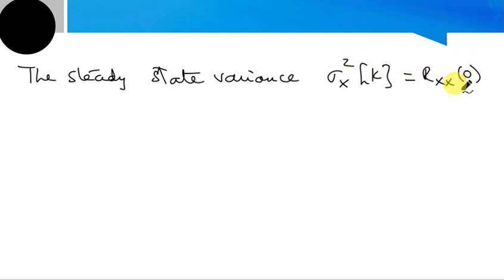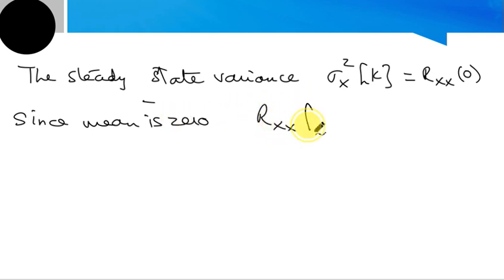In other words, you would have learnt it as average power in certain cases in earlier studies. This is possible since the mean is 0. Also, the autocorrelation function is an even function, so Rxx of minus k is nothing but Rxx of k.